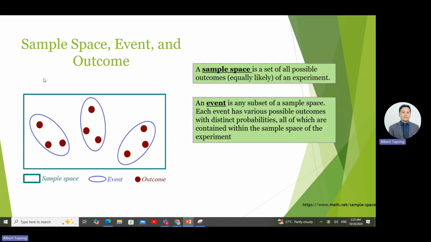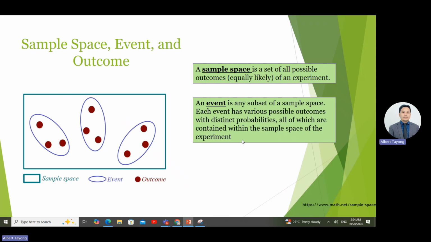You could see here that we have three subsets of a particular sample space. So these three are our events. And each event has various possible outcomes. You could see here that each of these events has various possible outcomes with different or distinct probabilities, and all of which are contained within the sample space of the experiment.